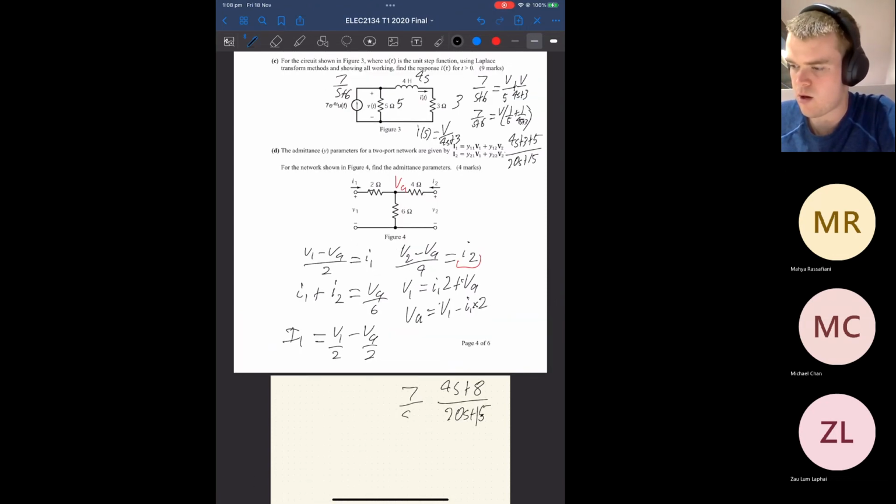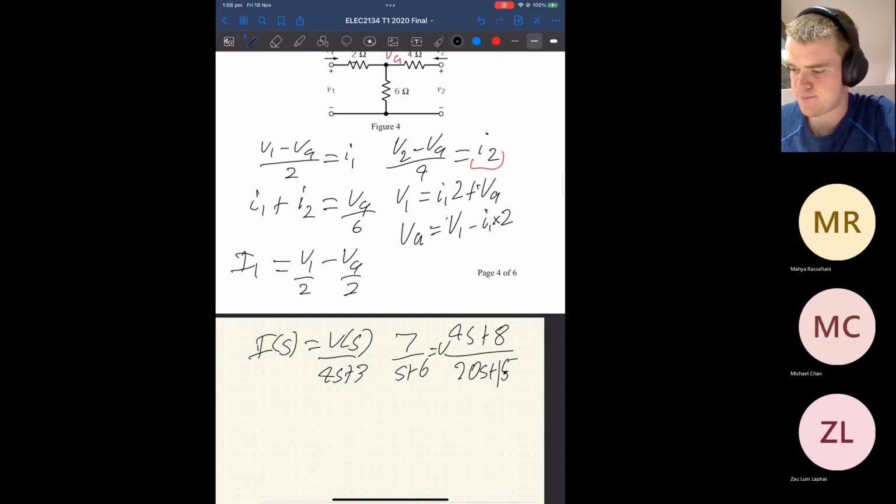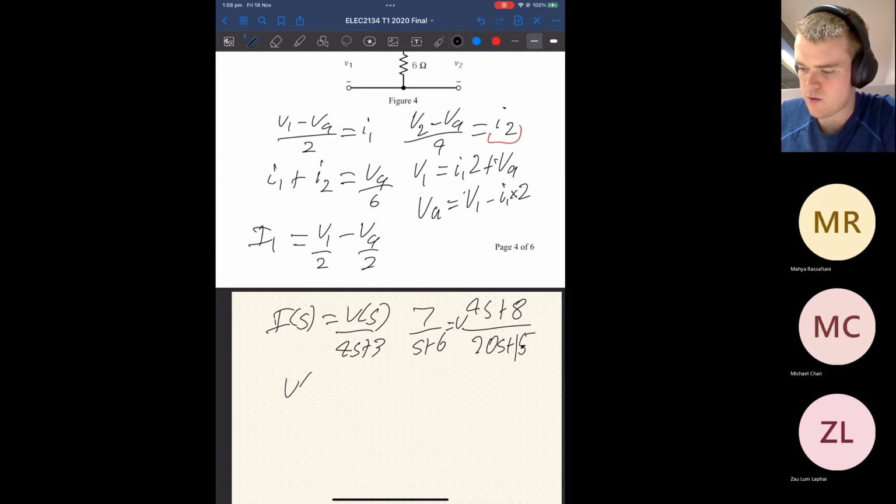of 7 on s plus 6 is equal to V, and we know that I of s is equal to V of s on 4s plus 3. So V of s is equal to 20s plus 15 times 7, all on s plus 6, 4s plus 8.